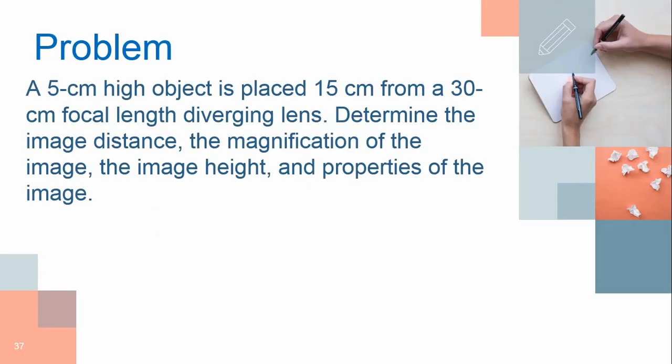And the next problem: a 5 centimeter high object is placed 15 centimeter from a 30 centimeter focal length diverging lens. Determine the image distance, magnification of the image, image height and properties of the image.